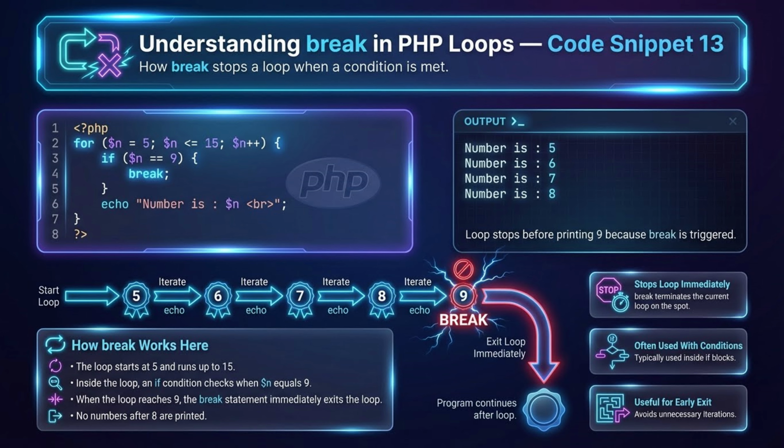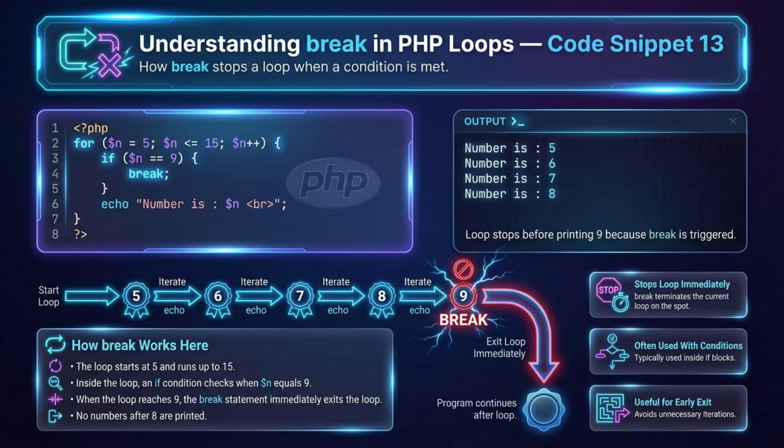As soon as the loop reaches the value 9, the break statement is triggered, and this instantly forces the loop to stop running. Because break causes an immediate exit, the loop does not print the number 9, nor does it continue to any values after 9, such as 10, 11, or beyond. Instead, it prints only the numbers 5, 6, 7, and 8, and then the program moves on to whatever code appears after the loop.